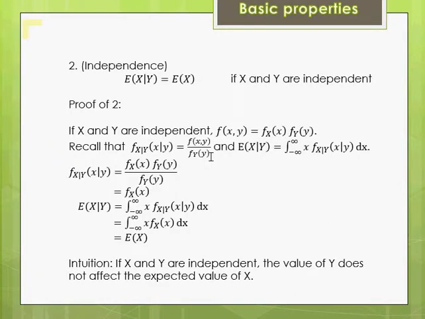The second property is called independence. If X and Y are independent, the conditional expectation of X given Y is the same as the unconditional expectation of X. To prove this, we note that if X and Y are independent, the joint distribution of X and Y is just the product of the marginal distribution of X and the marginal distribution of Y. By plugging the above facts into the formula of conditional distribution, we note that the conditional distribution of X given Y is the same as the marginal distribution of X. By plugging these facts into the formula of conditional expectation, the work is done.